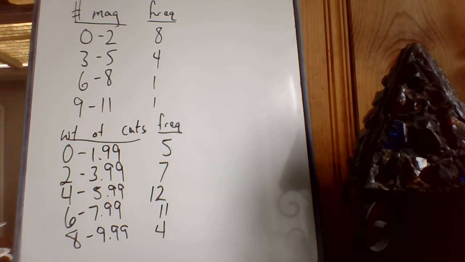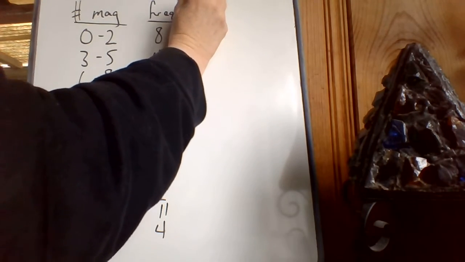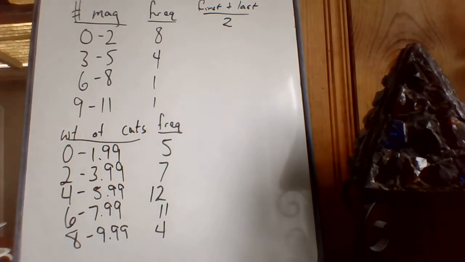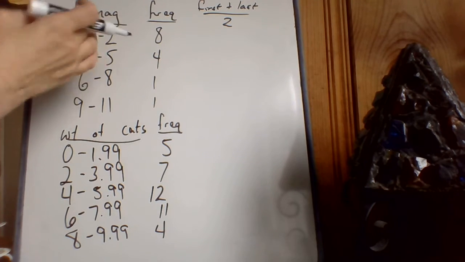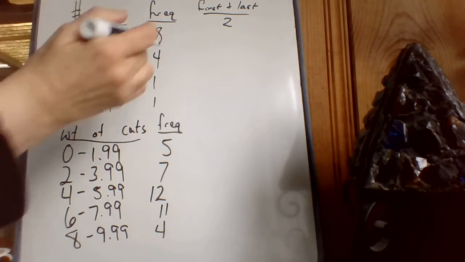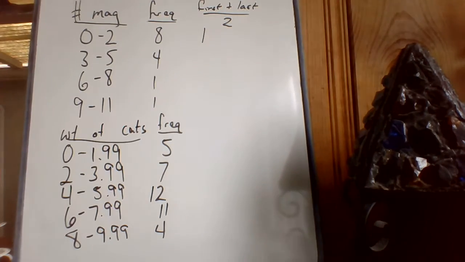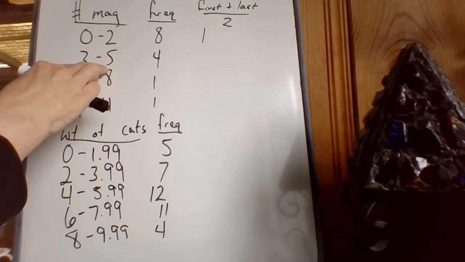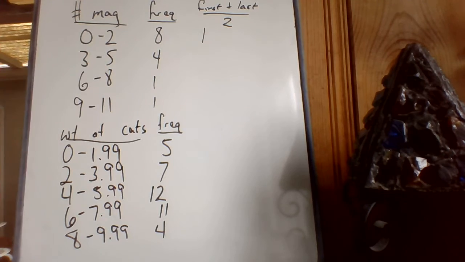I could probably look and tell you that the middle of 0 and 2 is 1, but the way you would do it is first plus last, divided by 2. 0 plus 2 is 2, divided by 2 is 1. That would definitely be the midpoint there. I could have done that one in my head, but basically it's averaging these two. So 3 plus 5 is 8, divided by 2 is 4.